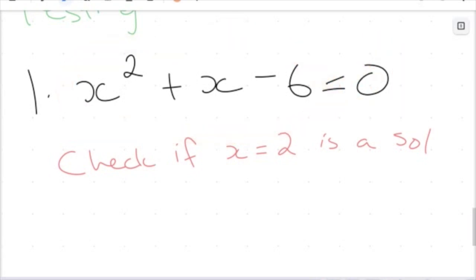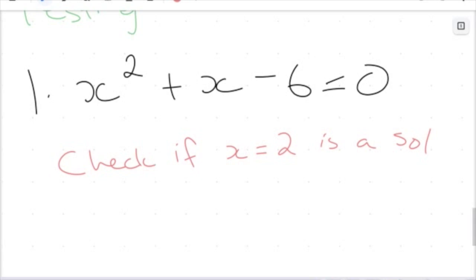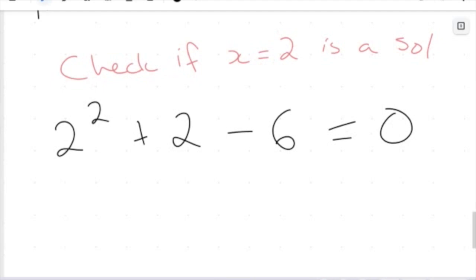Okay, so looking at this, we are going to substitute x equals 2 in both of my x's here. So when I substitute that in, I get 2 squared plus 2 minus 6 equals 0.